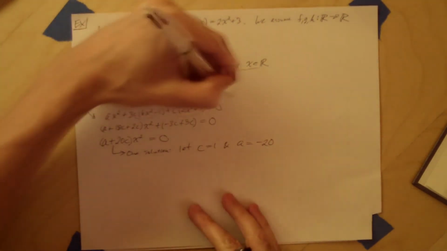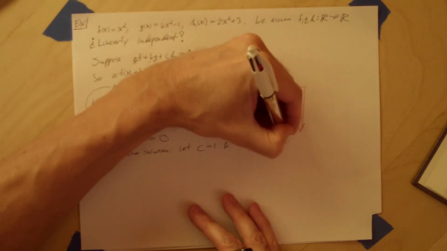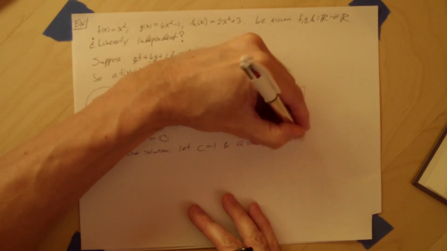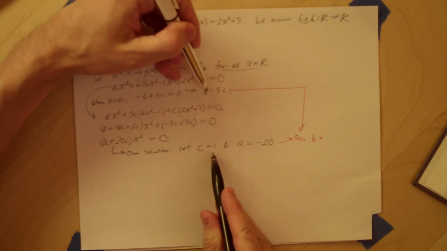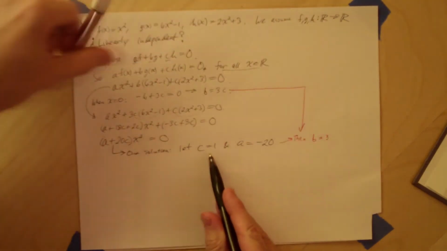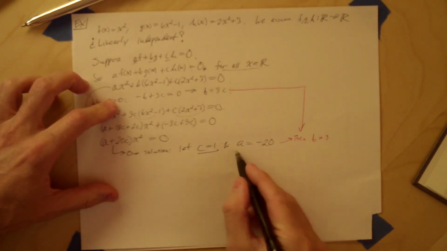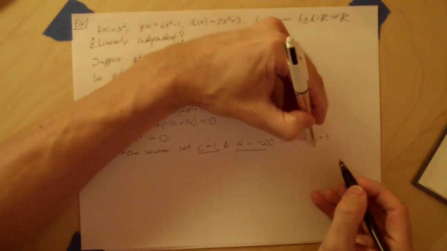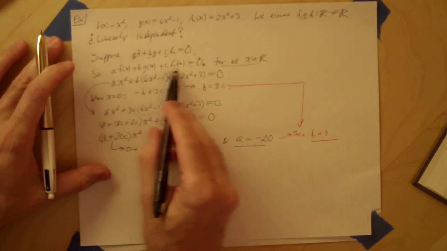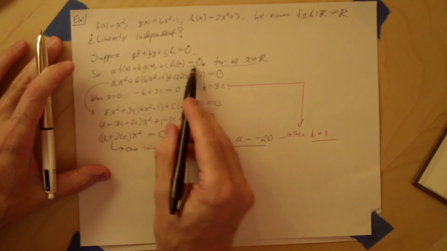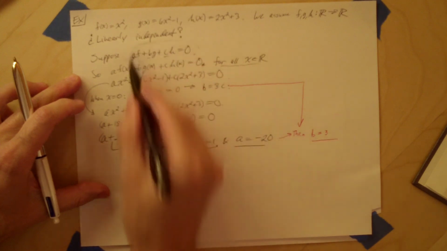And this also would have to mean that with c equal to 1, b would be 3. So if we let c be 1, a be negative 20, and b be 3, we satisfy this for all x element of the reals. And therefore we satisfy this.